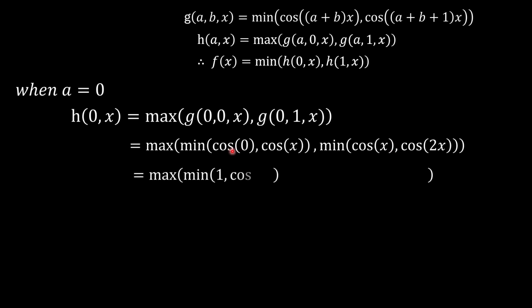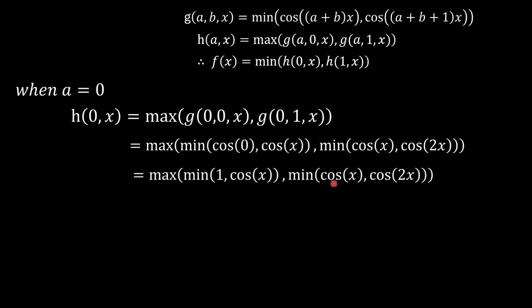Since cosine 0 is just 1, we have to find a minimum between 1 and cosine x, and since we know cosine x is always less than or equal to 1, cosine x comes out.